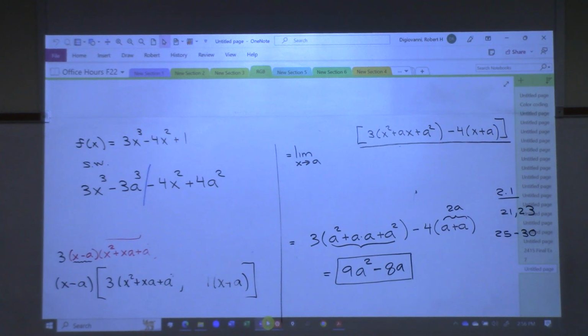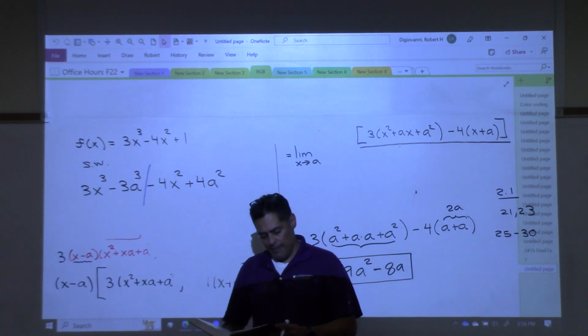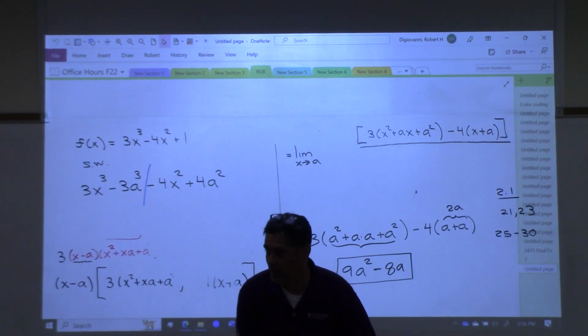So 21 and 23 are like the first problems I gave you, where you are finding the slope of the tangent line at some specific point. And then 25 through 30 is where you're trying to find the slope of the tangent line just in general, generic, all right?